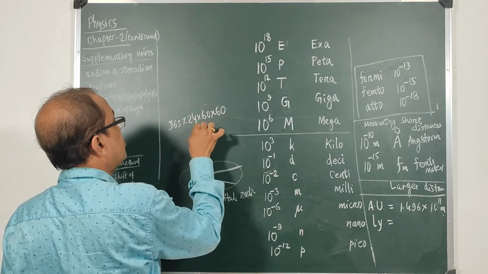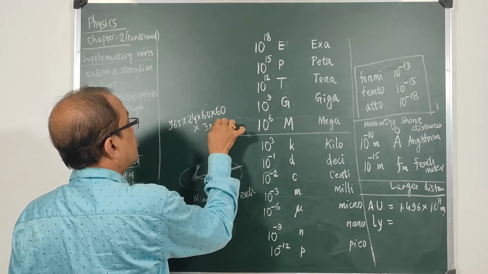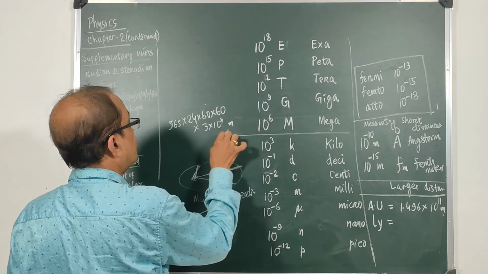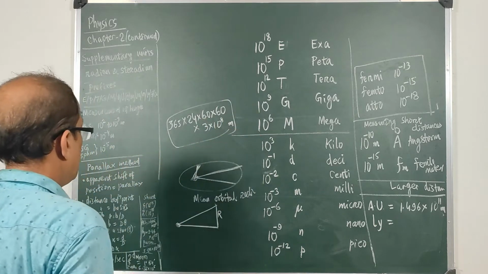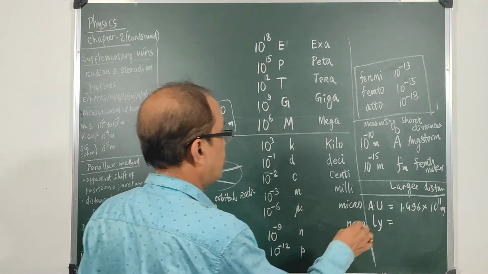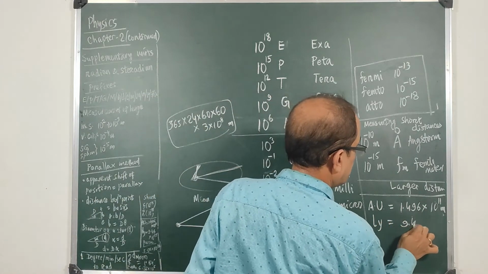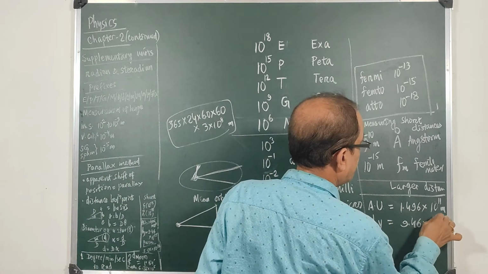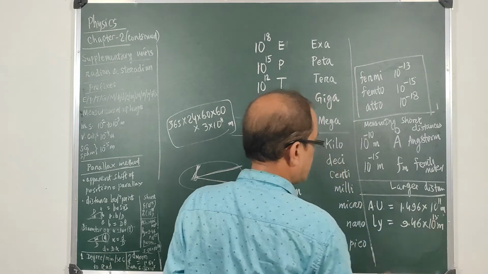In a second light goes 3 into 10 to the 8 meter. So this number of meters will be our light year, and compressing this and converting it to a single value, this will be equal to 9.46 into 10 to the 15 meters. It is a still larger value.